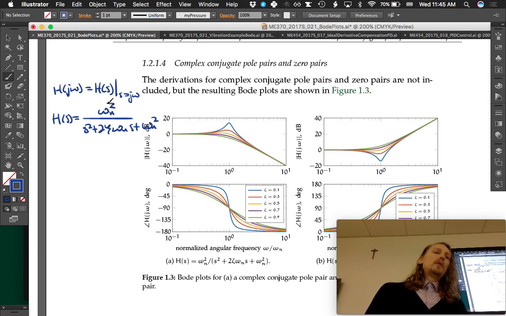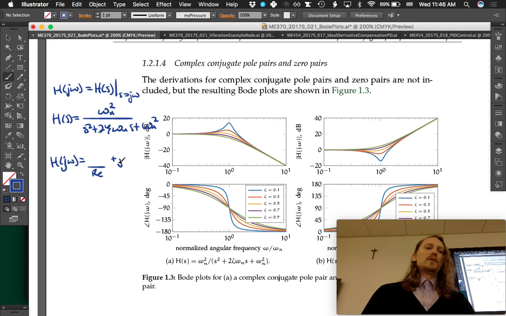So if you expand all of this, what you'll get is H of j omega equaling some function that's going to have a real part, right? It's always going to have a real part. If you want to simplify it down, you'll have a real part plus j imaginary, right?